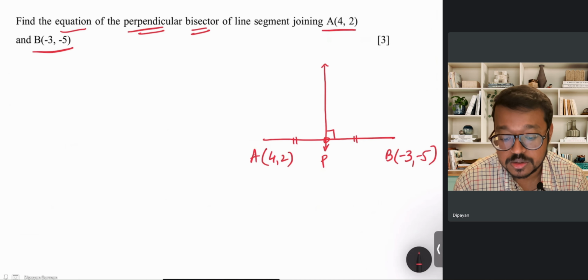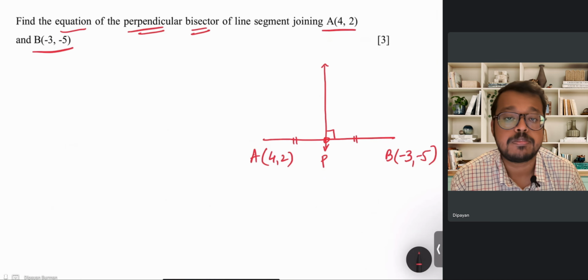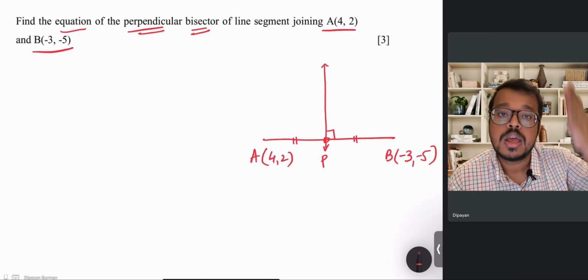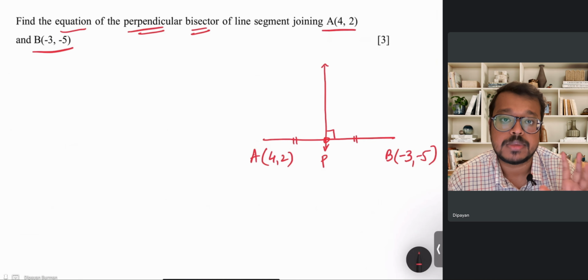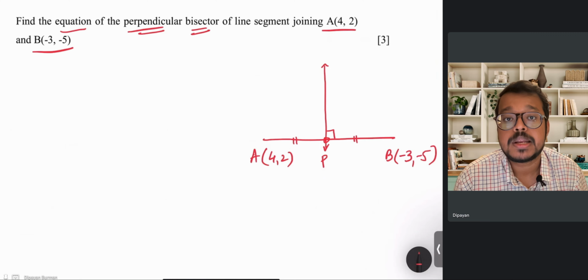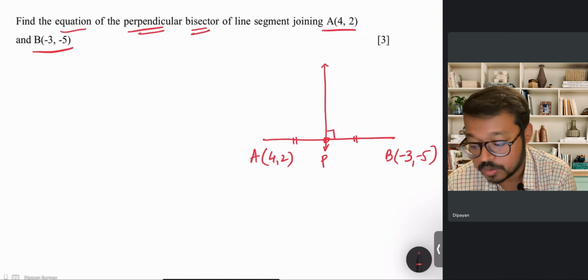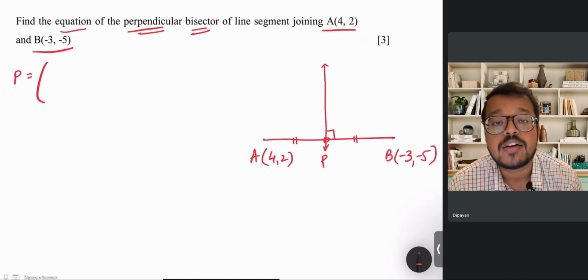Now we need to first find the midpoint of AB, because the perpendicular bisector is going to pass through the midpoint of AB. So let's assume it to be point P. If I apply the midpoint formula, I can easily find the coordinates of point P, which is just the average of the x and y coordinates of the endpoints.